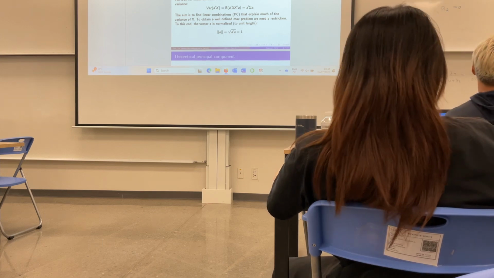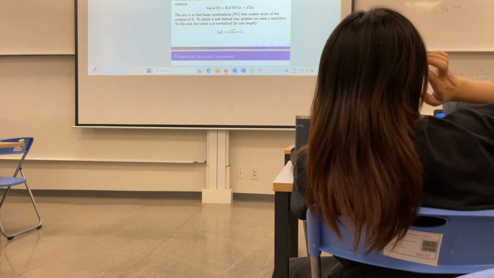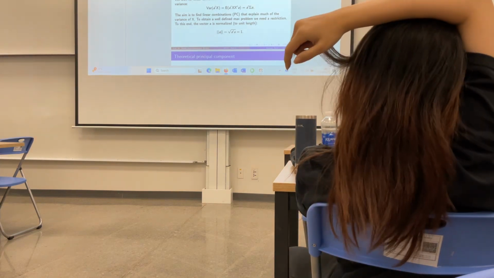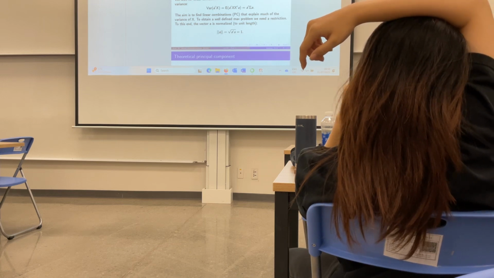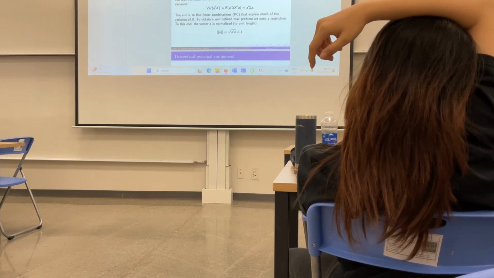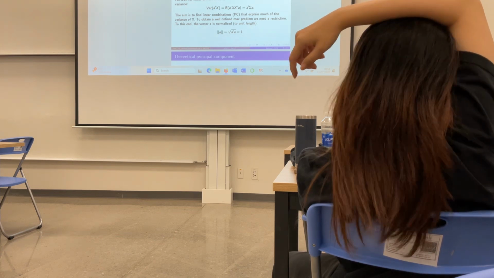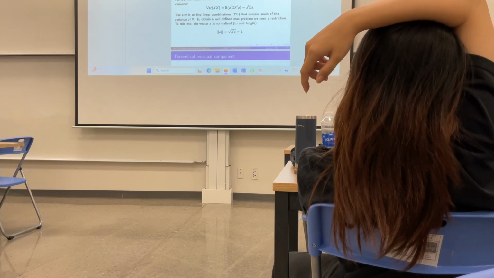Let's say I choose j equal to 2, and this ratio becomes 90%. It would mean that the first two components are enough to capture 90% of the variation. So the rest are not important, and they don't take much of the variation.